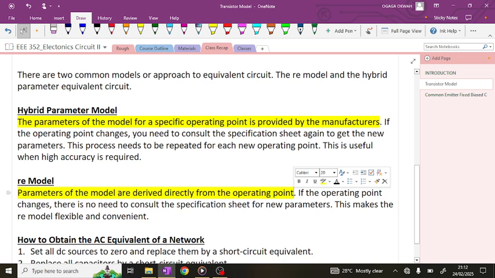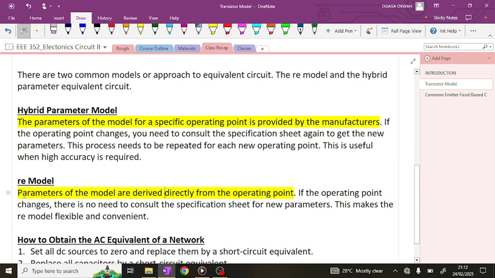the parameters of the model are derived directly from the operating point. Of course, parameters mean the voltage, current, and resistance values.